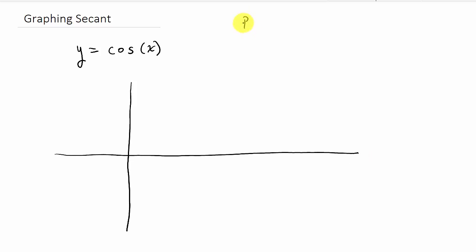Well, we need the period, which we know is 2 pi over b, and b is the number in front of x, so you can see that's a 1, and so our period is 2 pi. So we're going to graph from 0 to 2 pi.